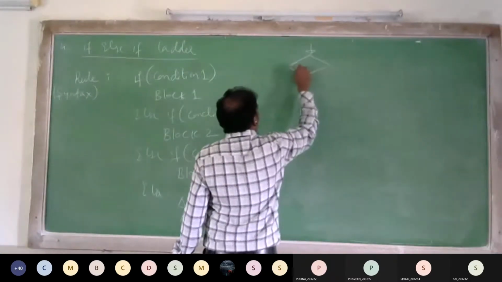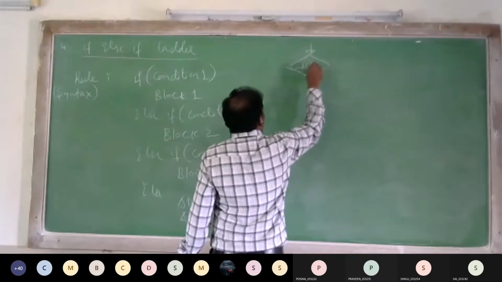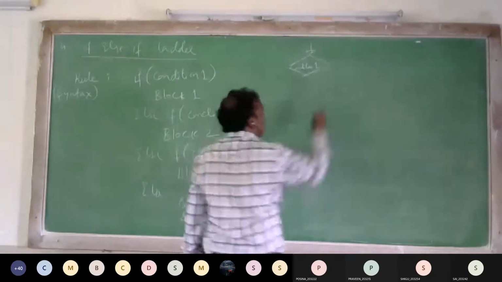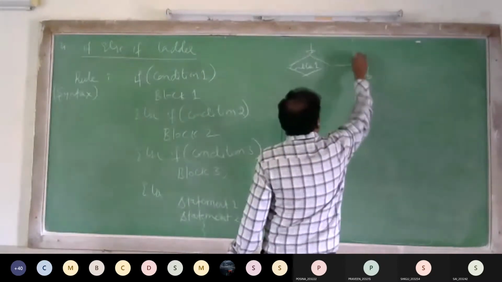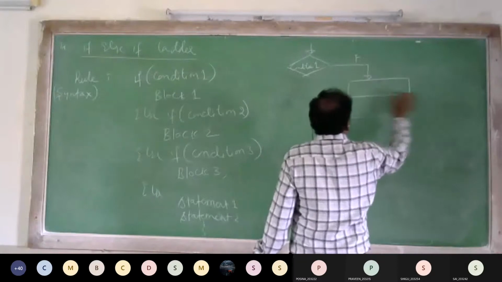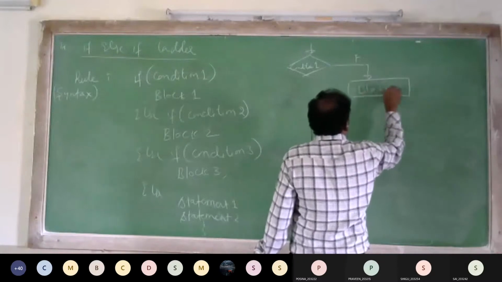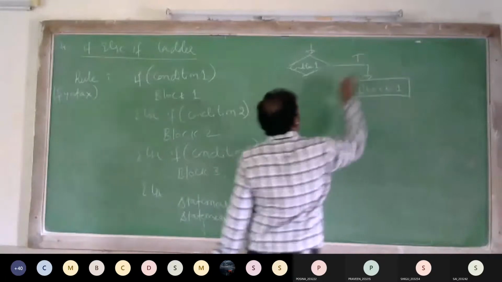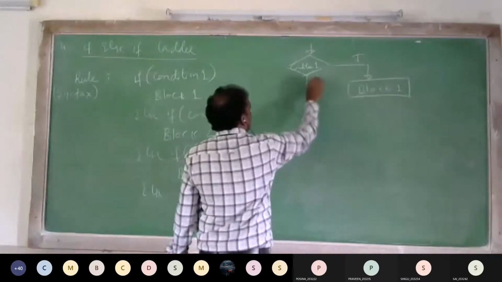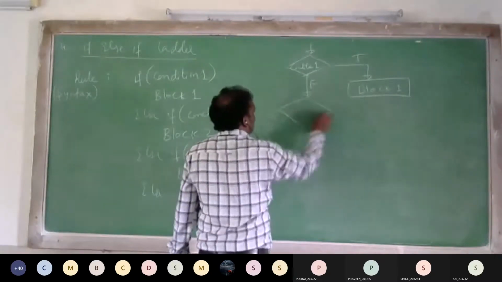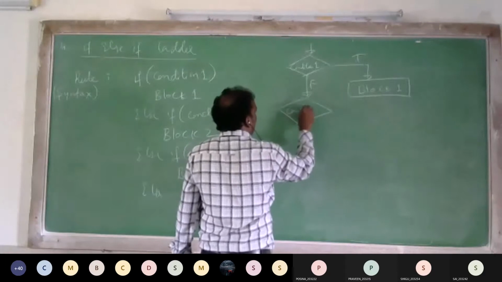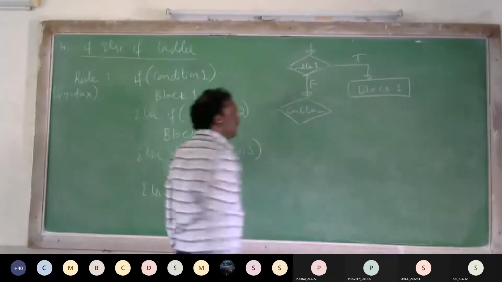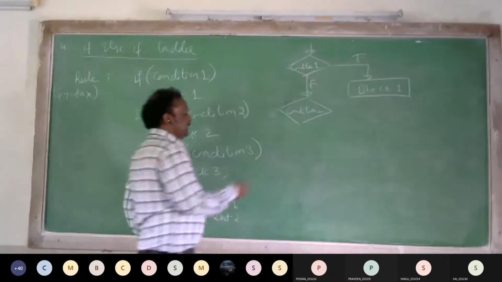Condition 1, if it is true, then block 1. If it is false, then it will test for condition 2.